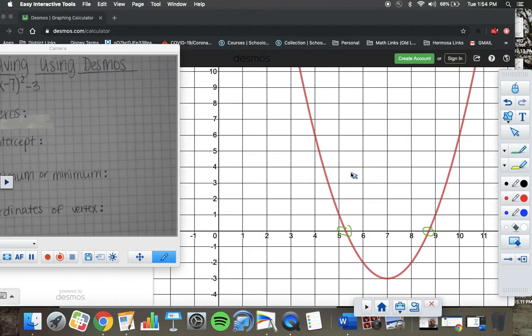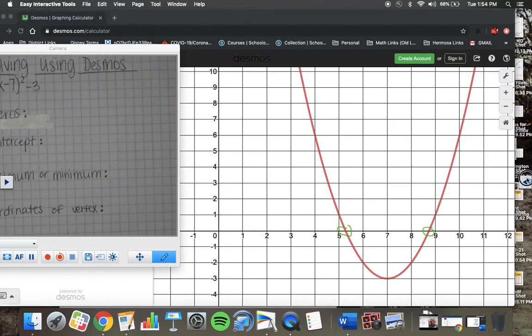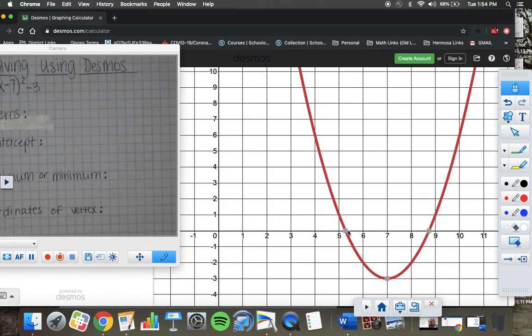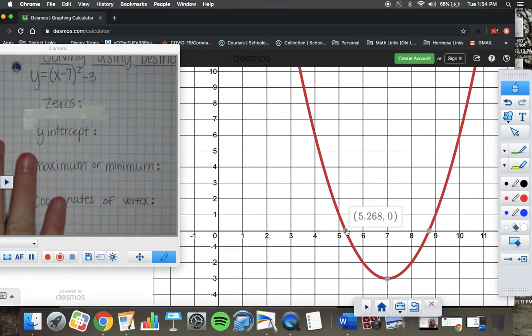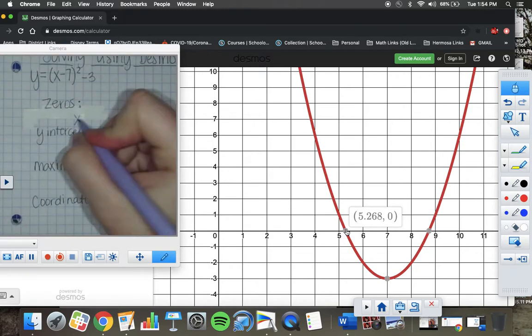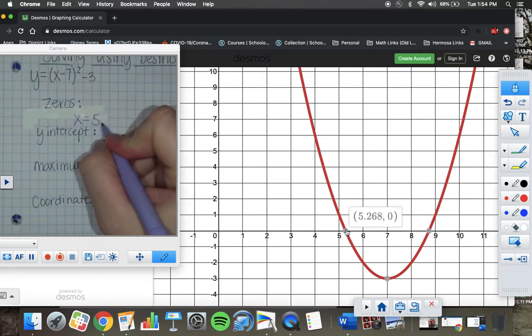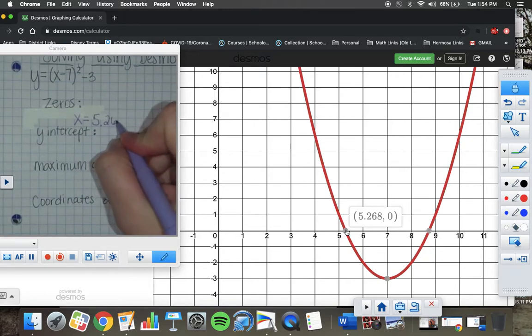When you click on this, notice it tells you the x, so zeros are where x equals 5.268.